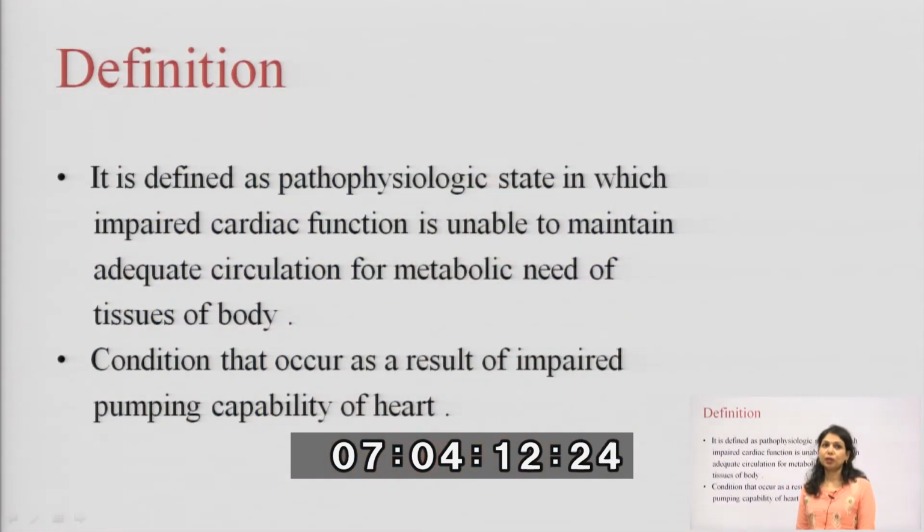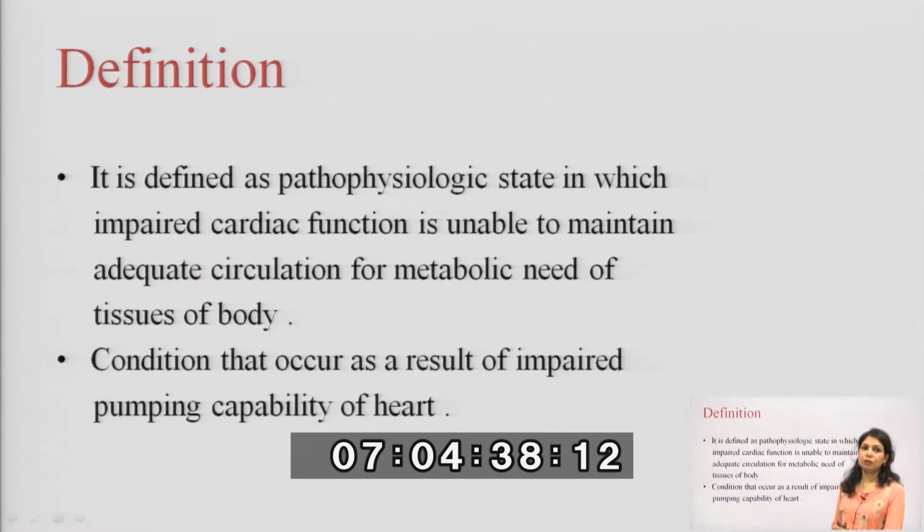Now, coming to the definition. What is congestive heart failure? It is defined as a pathophysiologic state in which impaired cardiac function is unable to maintain adequate circulation for the metabolic need of the tissues of the body. What does this definition mean?